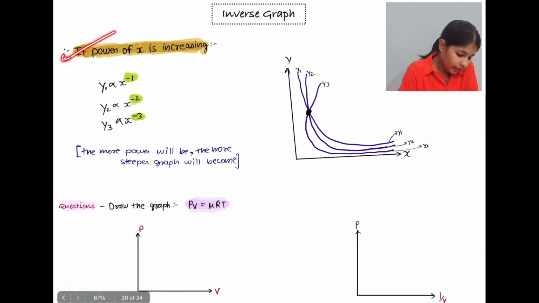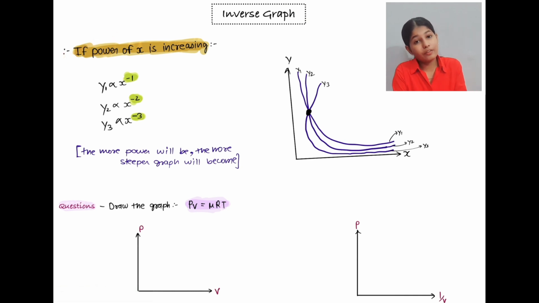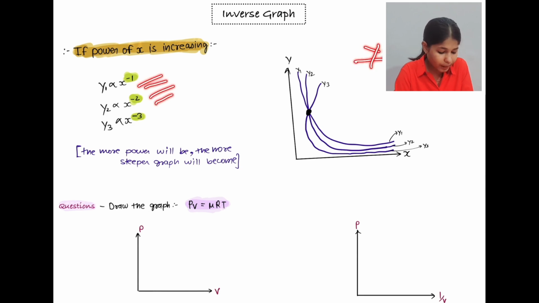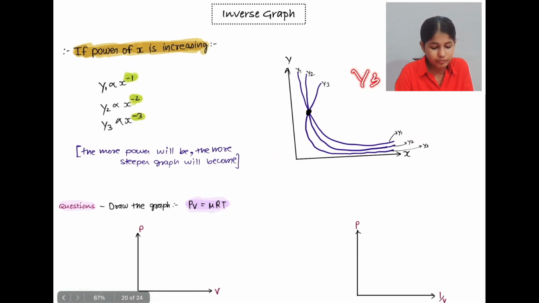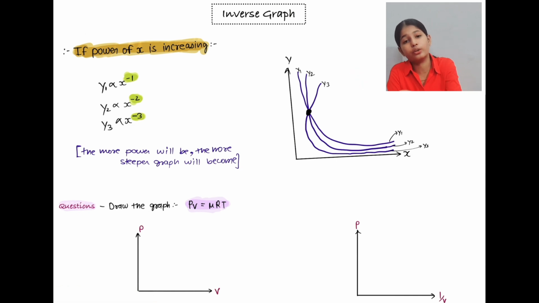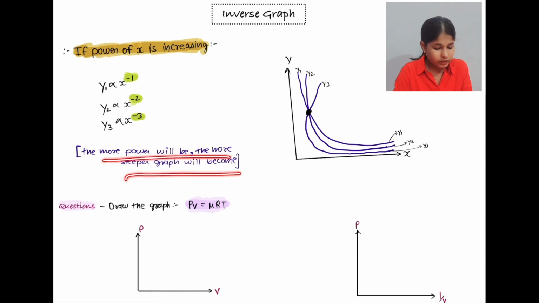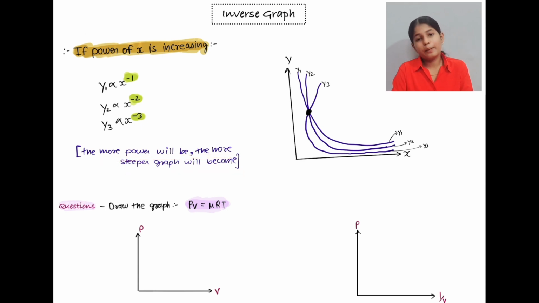Then our second concept of the inverse graph is very important, because it can also come in NEET MCQs, in which this graph is given and the power is increasing, and you have to put the value of y3, y1, y2. So the more the power is, the steeper the graph will become. Let's come to our next topic to solve this question.